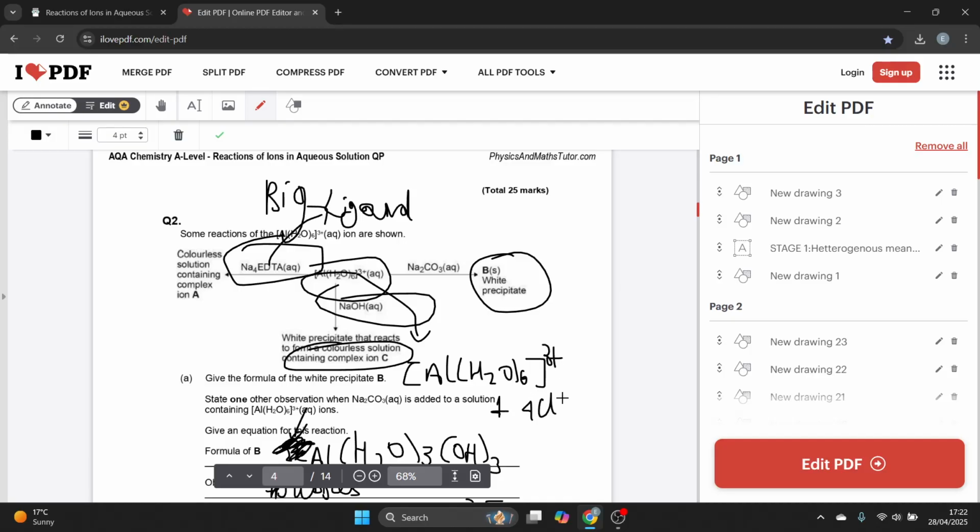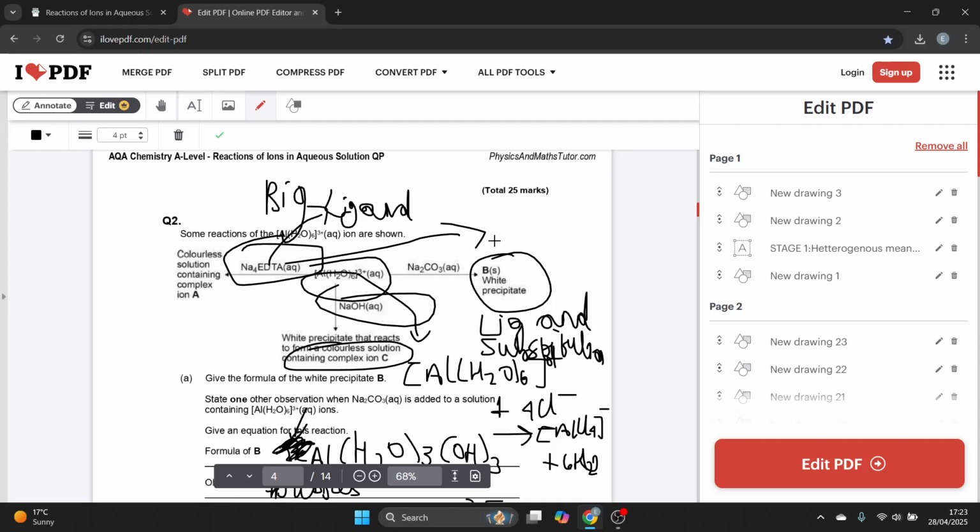Plus 4Cl-, arrow, AlCl4- plus 6H2O. So what happens is a ligand substitution.